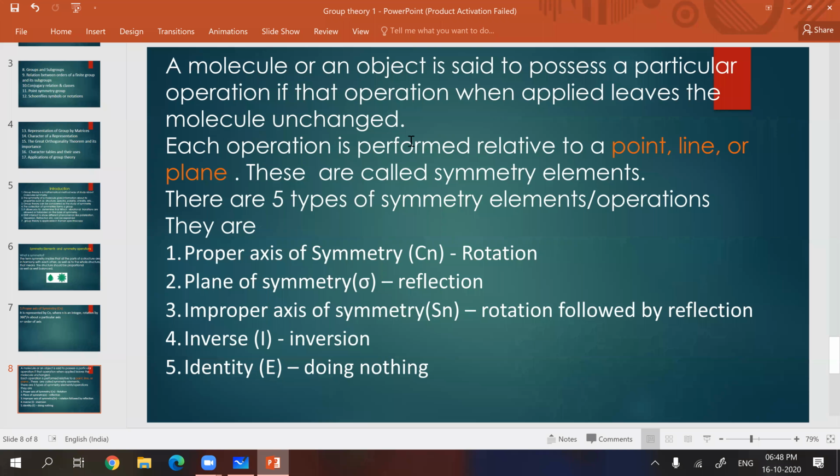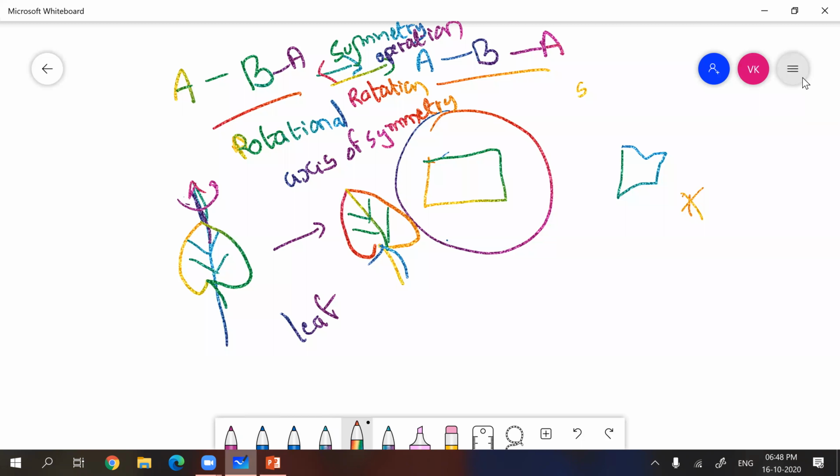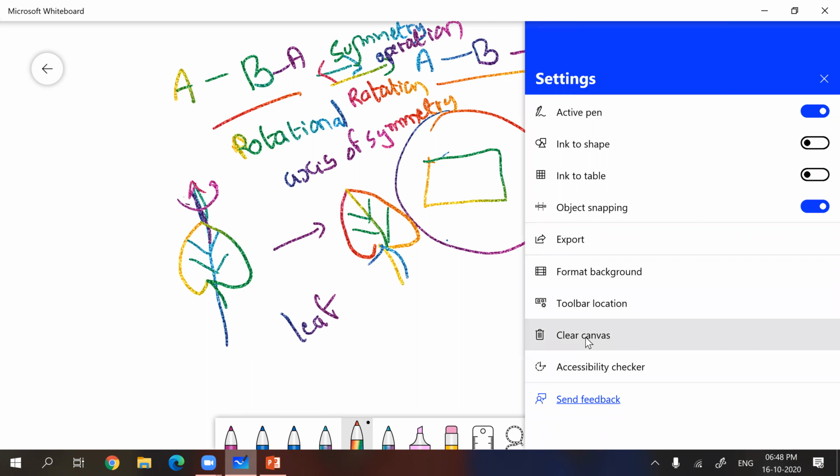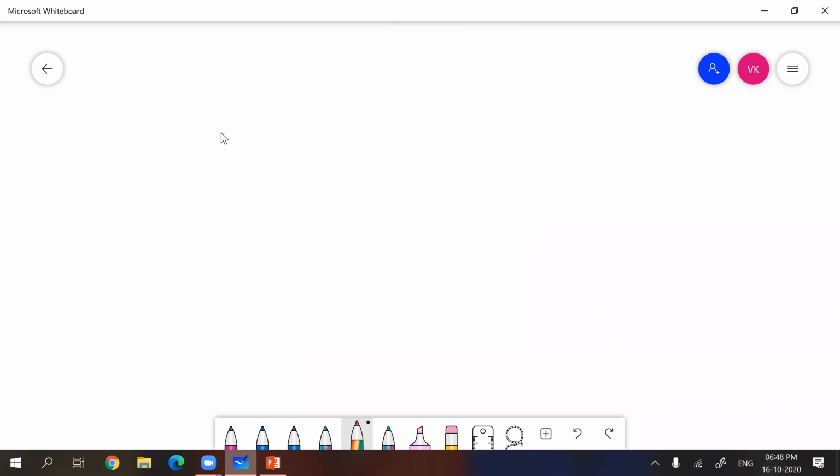Now, each operation is performed with respect to a point, a line, or a plane. That's very important. This point, line, or plane are said to be symmetry elements. So, generally, symmetry elements, whatever the operation might be, may be a point or a line or a plane.